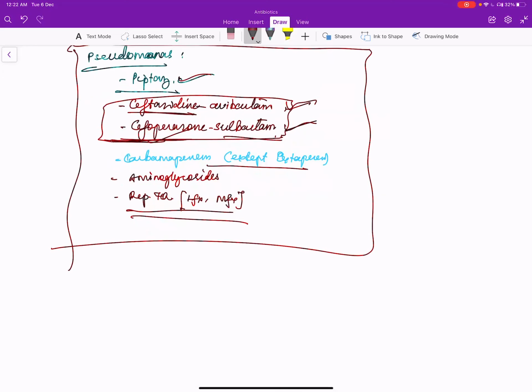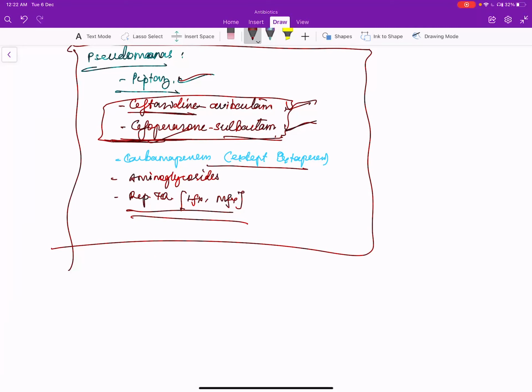The aminoglycosides, and the fluoroquinolones, especially levofloxacin and moxifloxacin. But carbapenem except ertapenem. So the combinations: piptaz plus aminoglycoside, meropenem plus levofloxacin, cefoperazone-sulbactam plus aminoglycoside.